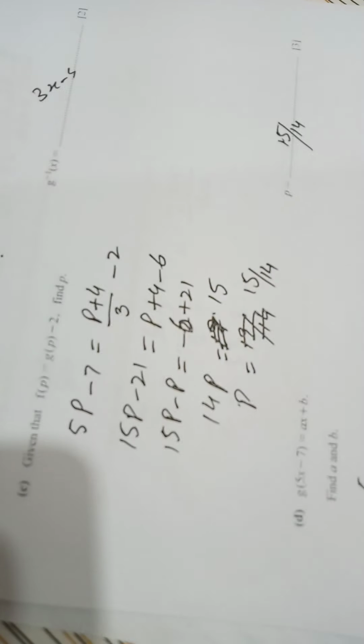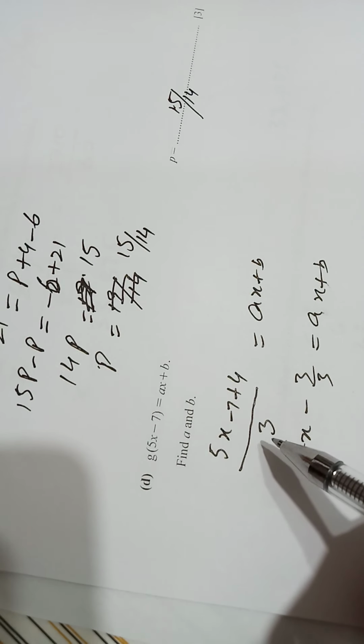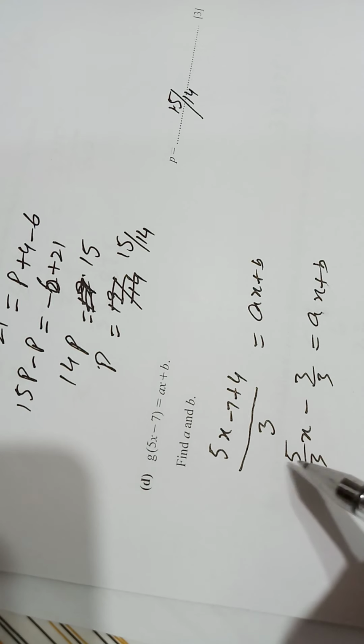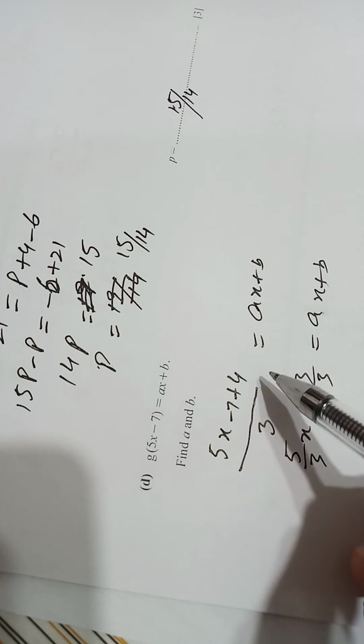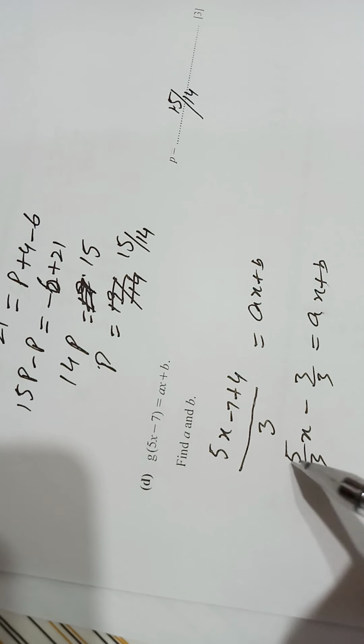So when you put 5x minus 7 in place of x, you will get 5x minus 7 plus 4/3. Simplify this, so this will become 5/3. So you will split this LCM over 3 on both constant and variable: 5x minus 5/3 minus 3/3.